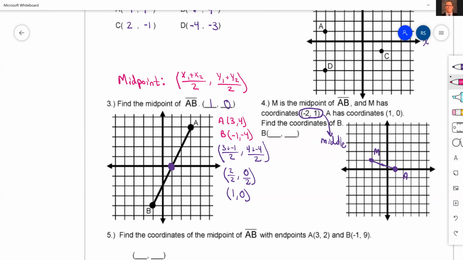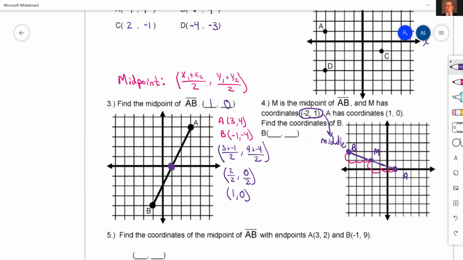Remember, M is in the middle. I went over 1, 2, 3, up 1. So then I do the same. Go over 1, 2, 3, and up 1. So my new point would be here. That's going to be B.